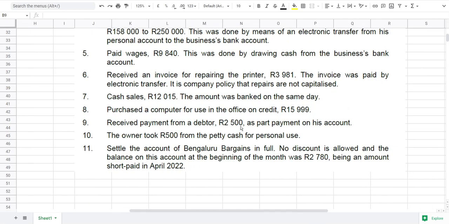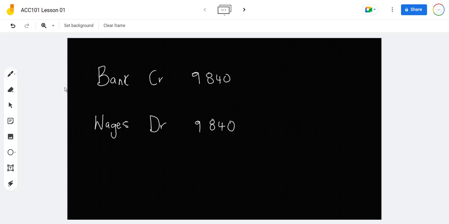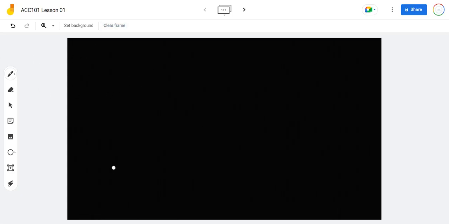Number 6. It says we received an invoice for repairing the printer. The invoice is 3,981. The invoice was paid by electronic transfer. It is company policy that repairs are not capitalized. So a printer of the business was broken. We went to this shop that fixes the printers.